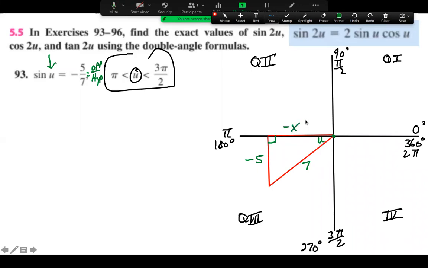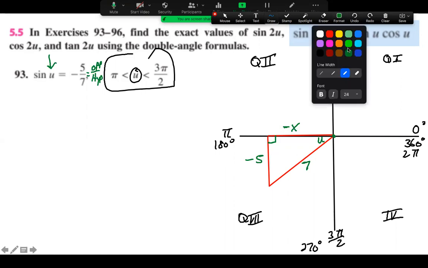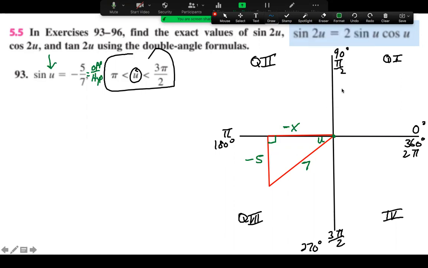Well, that would be the Pythagorean theorem, a squared plus b squared equals c squared. So we have x squared plus (-5) squared, those are our legs, equals the hypotenuse, which is like the radius of the unit circle, even though we're not on a unit circle.